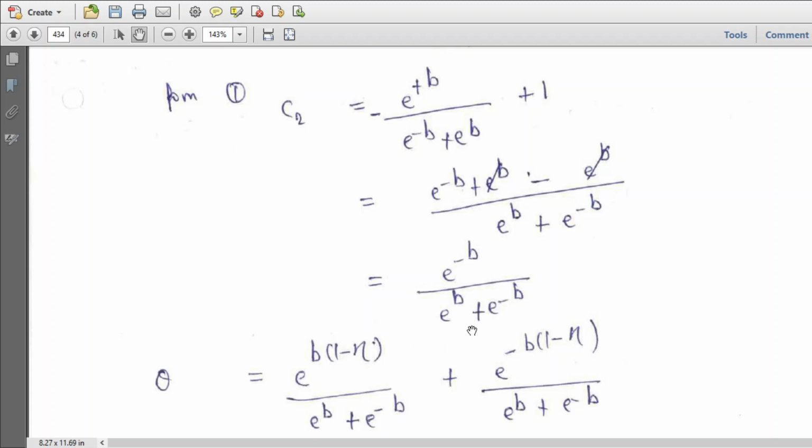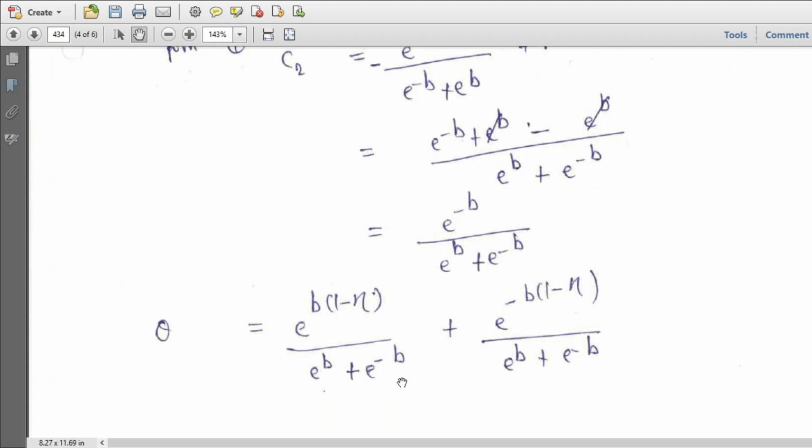Now you have constants C1 and C2, and you can substitute them in our main equation for theta. So theta is C1 e to the power minus b eta plus C2 e to the power plus b eta.